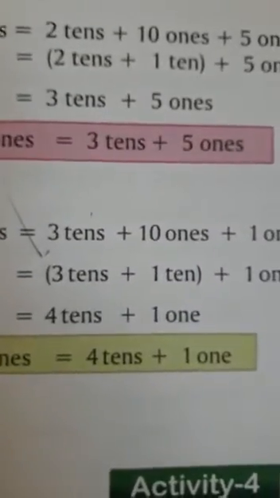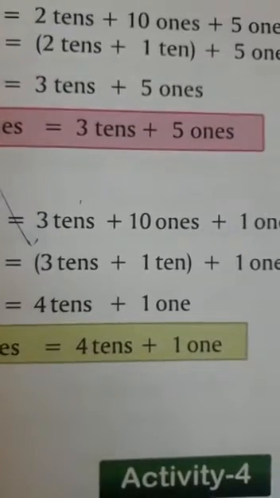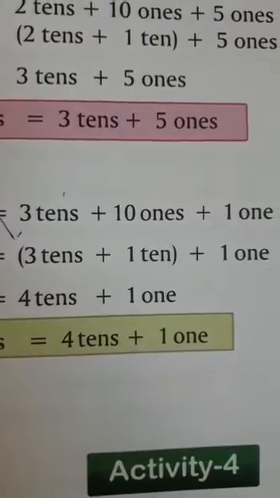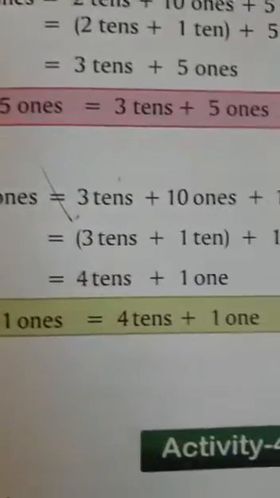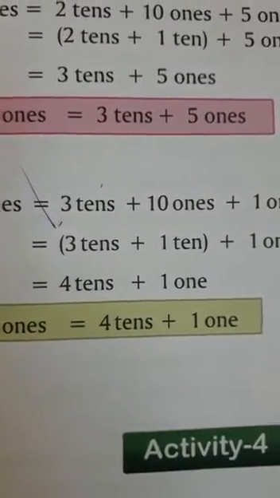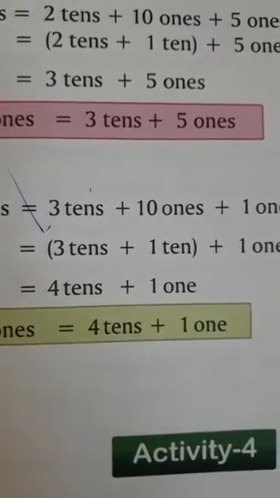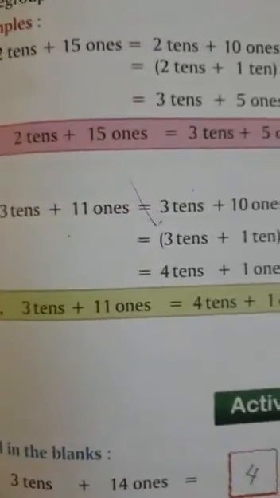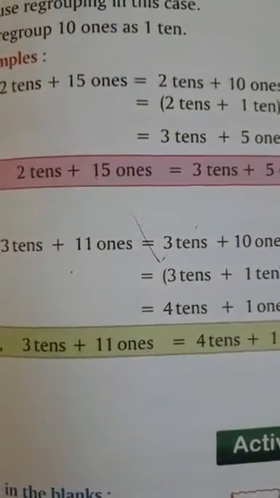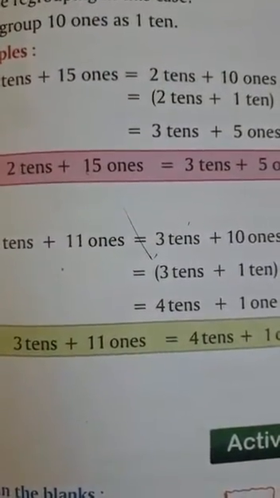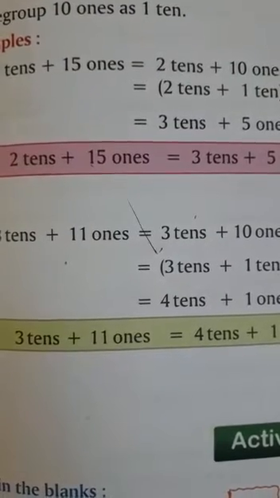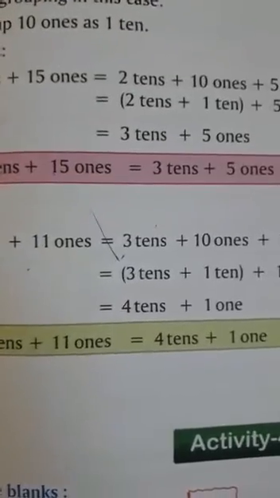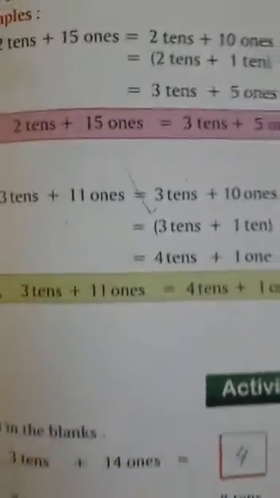That's why I have written here 3 tens and 1 ten more plus 1 one. 3 tens plus 1 ten will become 4 tens and 1 one. So again 3 tens plus 11 ones, we have converted that 11 ones into 4 tens plus 1 one.